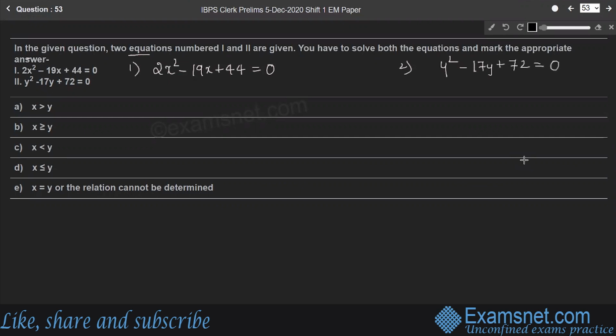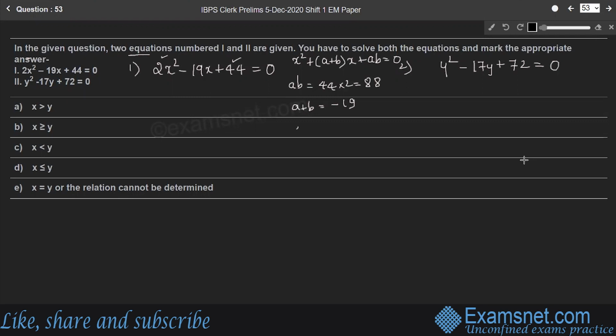So both the equations are in the form of x square plus (a plus b) into x plus ab is equal to 0, right? Here in the first equation, AB is 44 into 2, which is 88, whereas A plus B is minus 19.